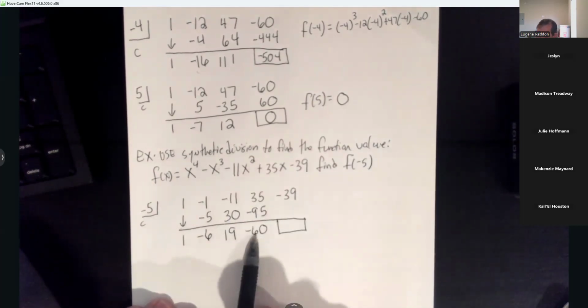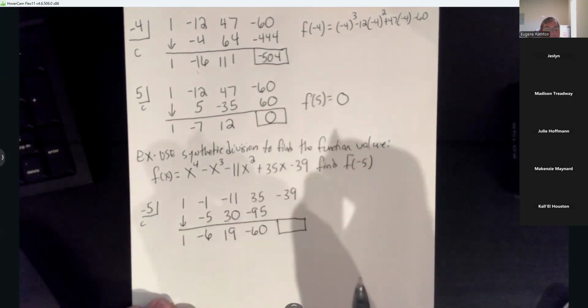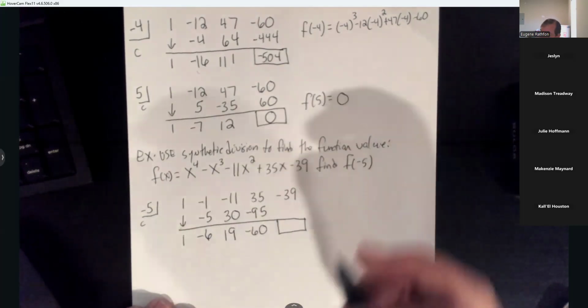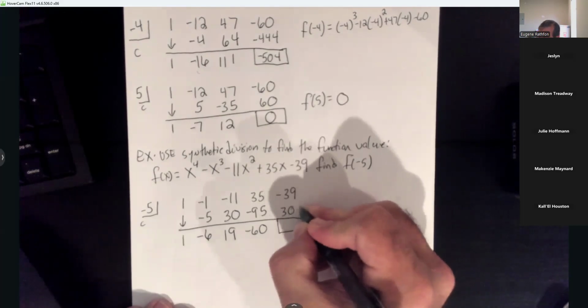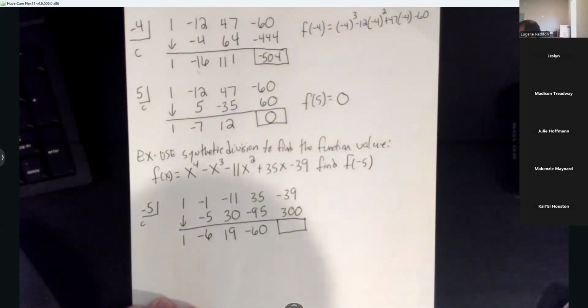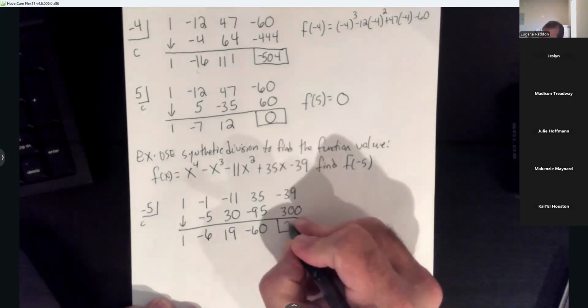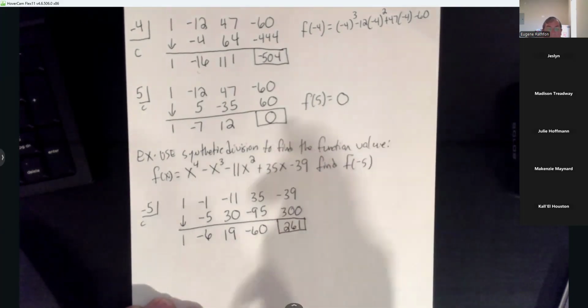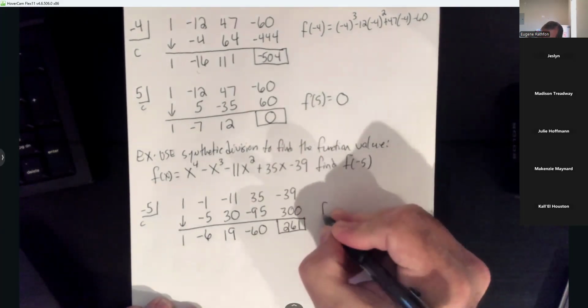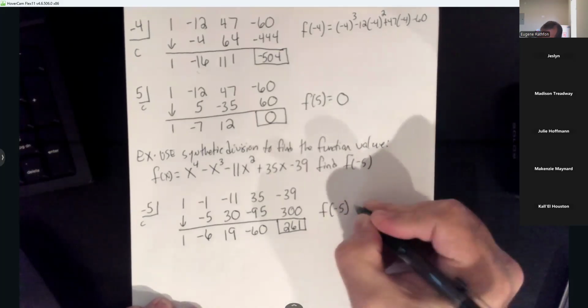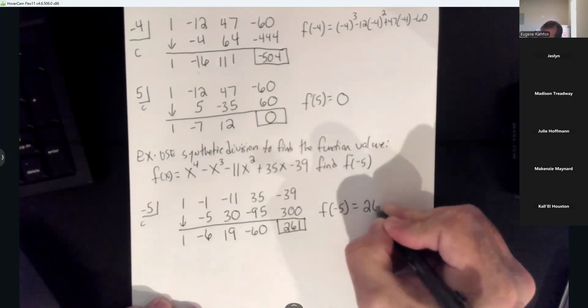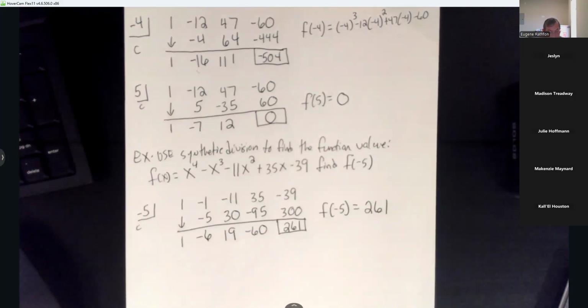And y'all, let's see, negative 60 times negative 5 is a positive 300. So we have negative 39 plus 300, that's going to give me 261. So that means f of negative 5 equals 261.